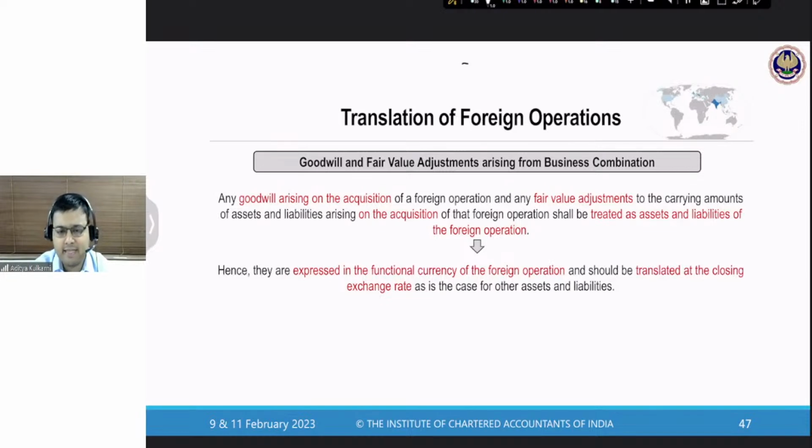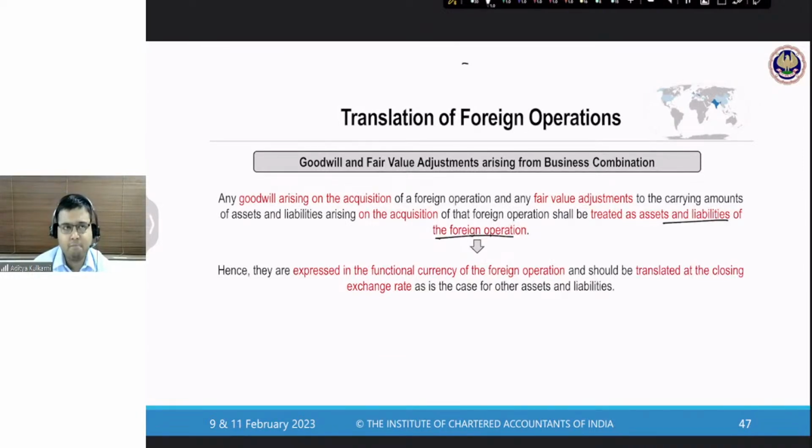Goodwill arising on acquisition and any fair value adjustments shall be treated as assets and liabilities of that foreign operation. Correct. Because it is related to the foreign operation, it will be treated as assets and liabilities of the foreign operation.